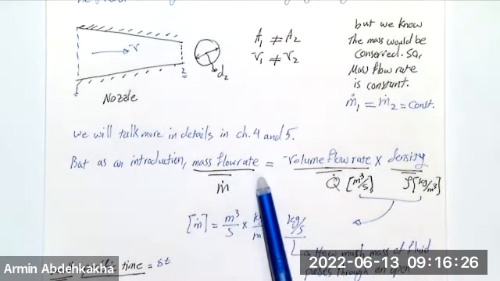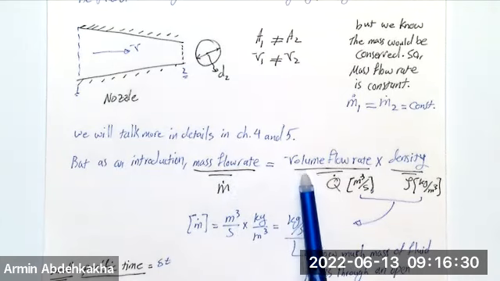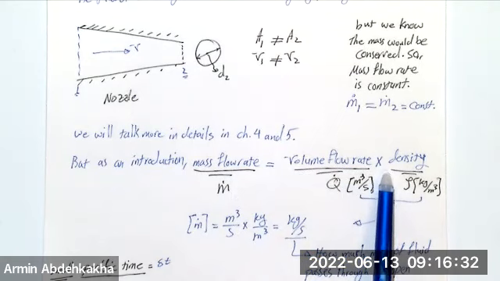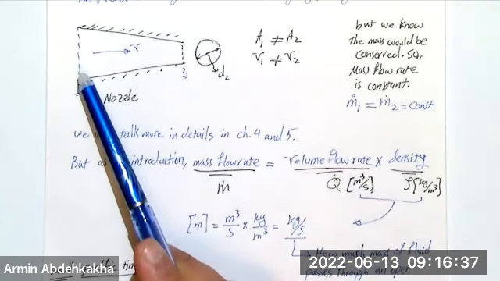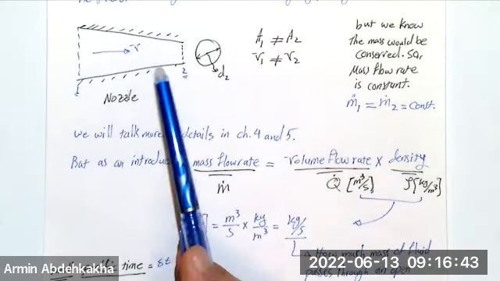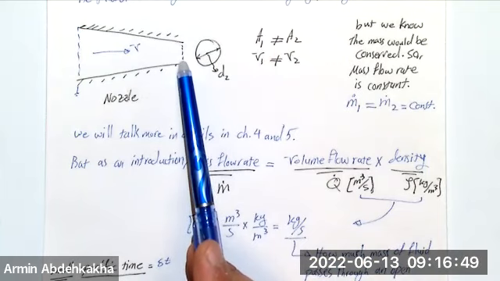That mass flow rate, which is the m dot, is volume flow rate times the density. So it's obvious. You have flow, the mass that passes through this area at a specific time has to be equal to the mass that passes through this area at a specific time.